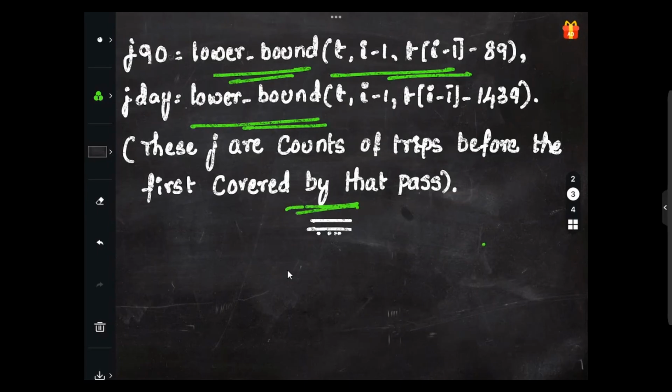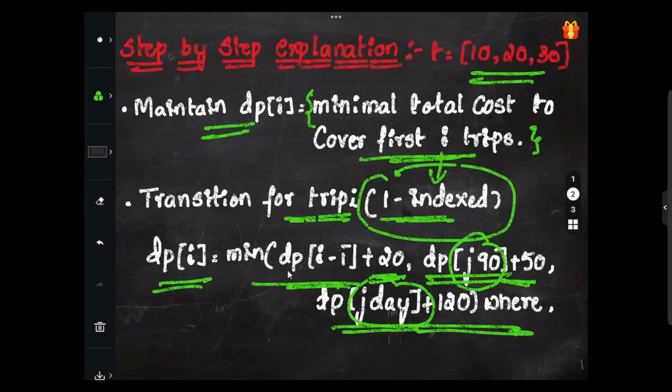You'll get to know this once we write the code. Basically we just have to remember this part: dp of I equals the minimum total cost to cover the first I trips as per the question. The transition for trip I has to be one-indexed, as they have strictly mentioned.